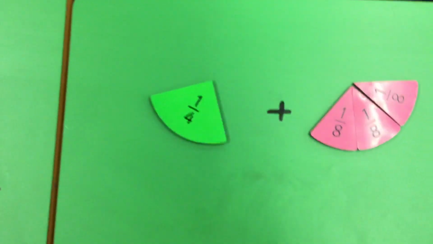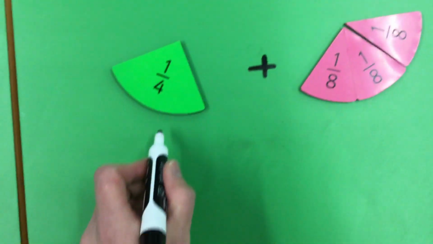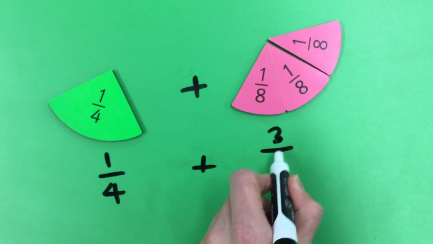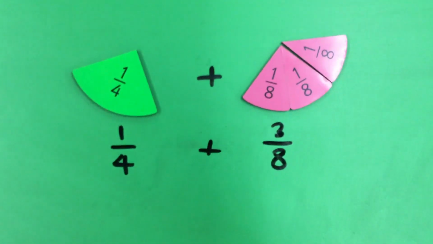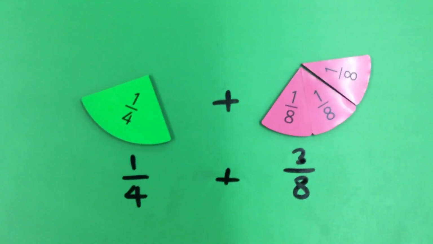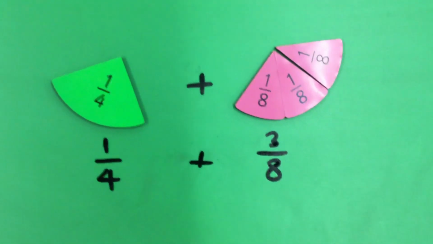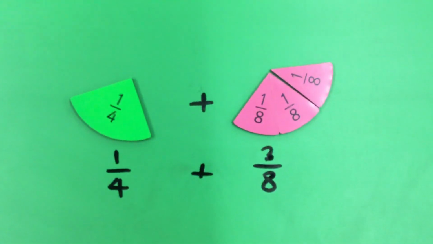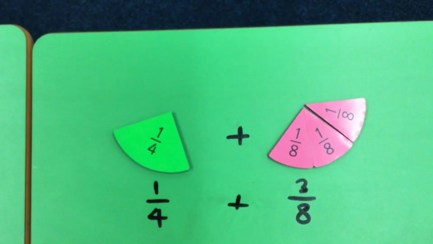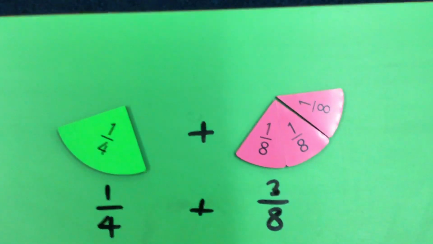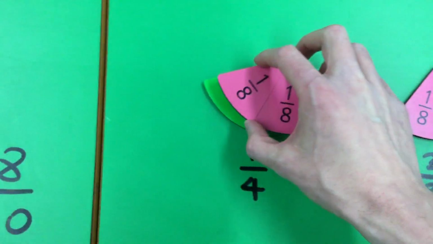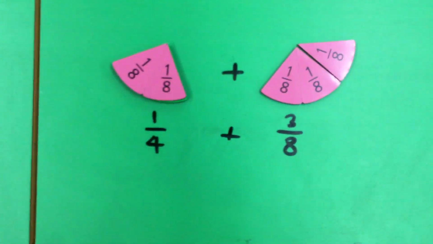What if though we have a question like this? 1 quarter add 3/8. These fractions have different denominators, so we can't just say it's 4/8 or 4 quarters because the denominators are different. This is where we need to use our knowledge of equivalent fractions. Now, I know that a quarter can be replaced by 2/8.